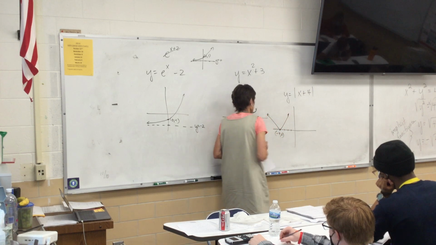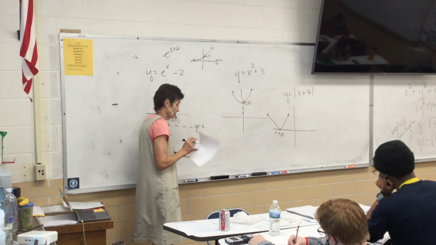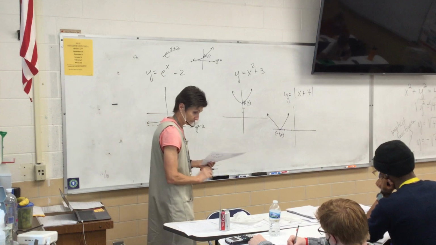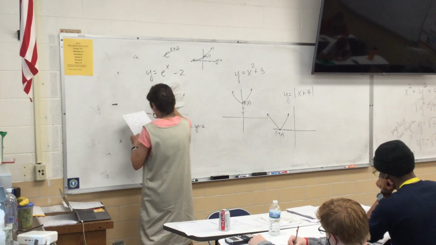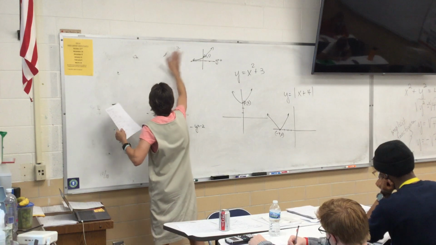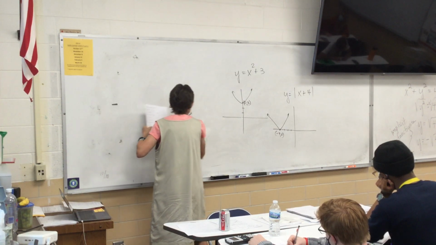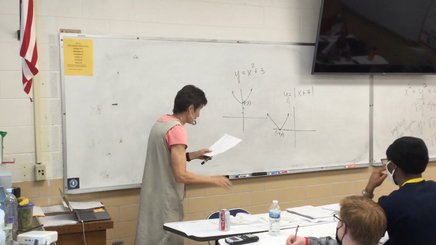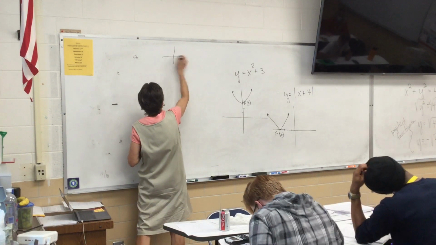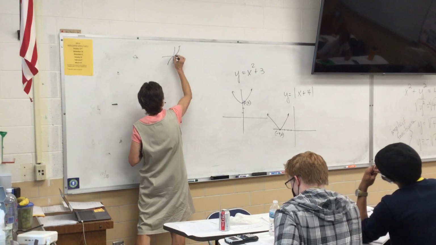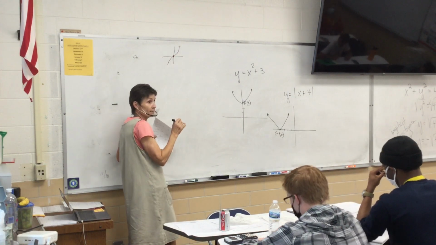Just your regular V, it just moved 4 units to the left. What shape is number 7? The squiggly. And the normal squiggly, guys, the normal squiggly squiggles at the origin, right?